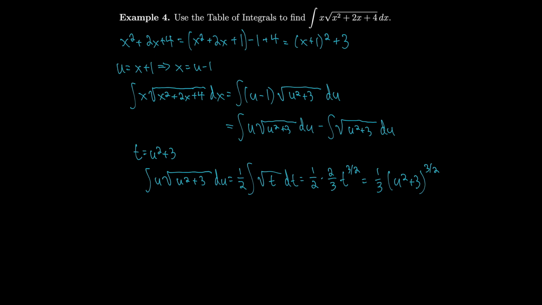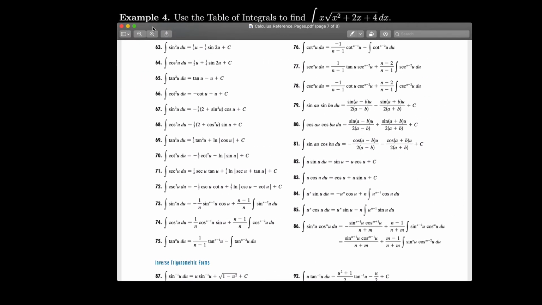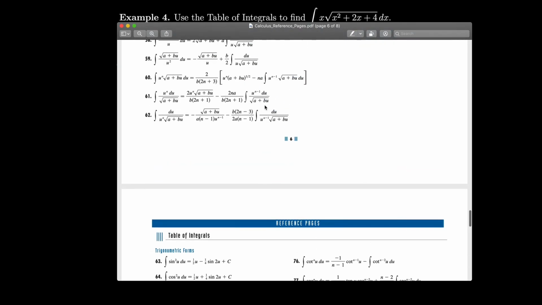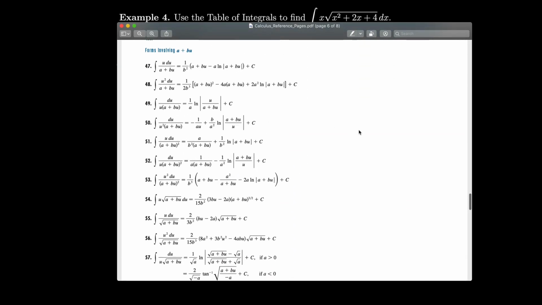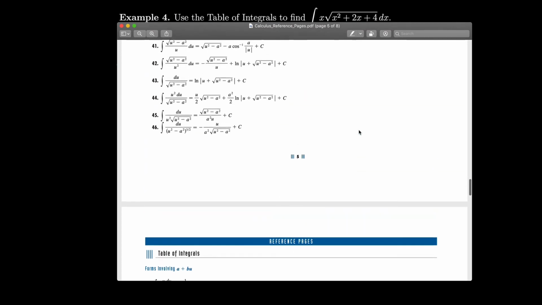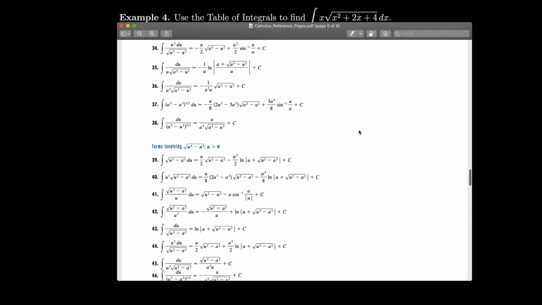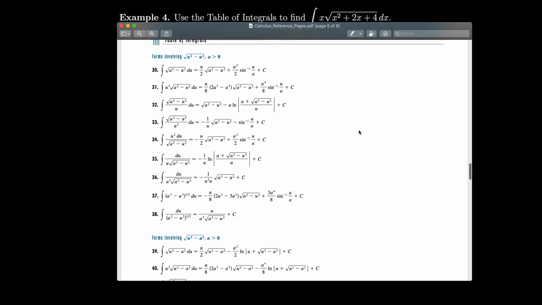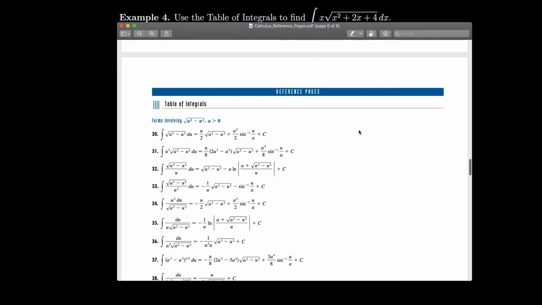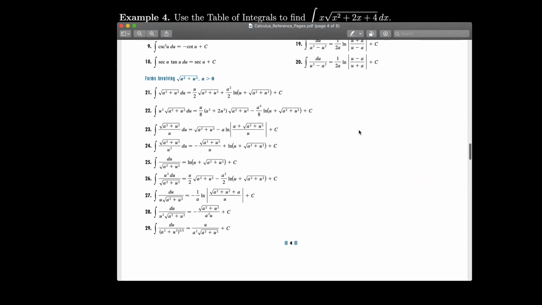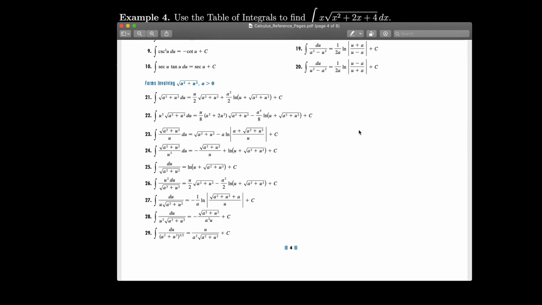Okay, now let's look back at our table of integrals and see if we can find one that's good for this. So get out of the trig section. Not just a plus b, we have a square root, and ours is first, and it's plus. Here we go. So it looks like formula number 21 is what we want.